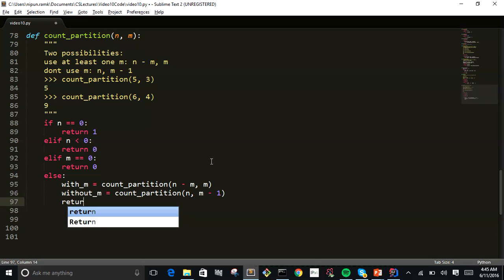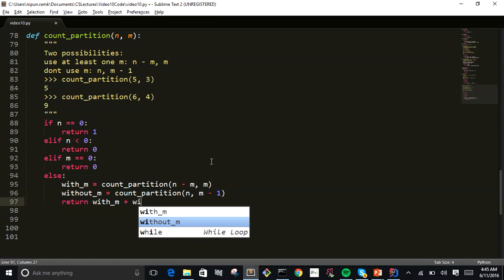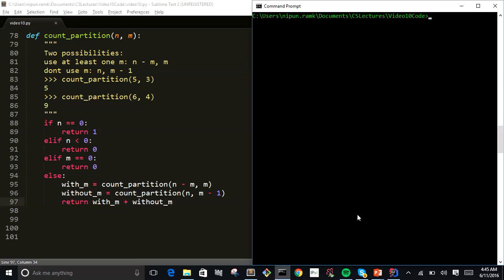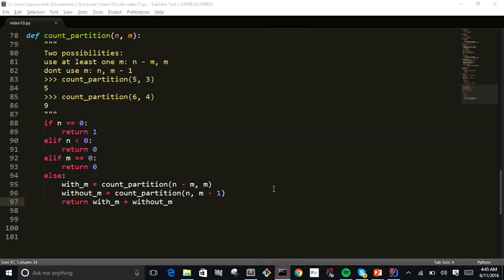And then at the end of the day, our solution is just with m plus without m. And so now, let's test this. And it works.